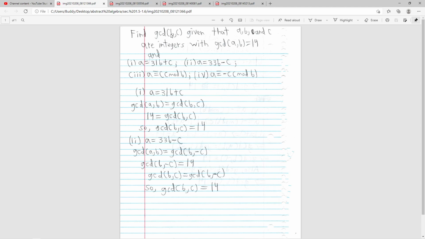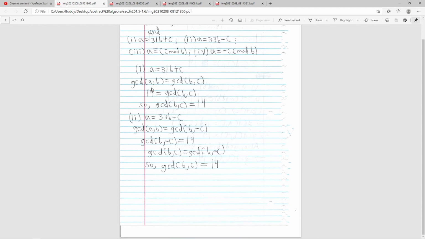Find GCD of B and C, given that A, B, and C are integers with GCD of A and B equal to 14. We want to find GCD of B and C, and we're given GCD of A and B as a solid number. We're also given several situations.